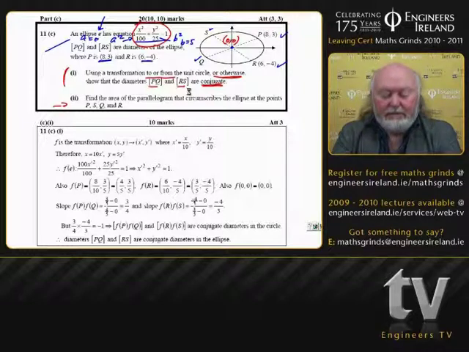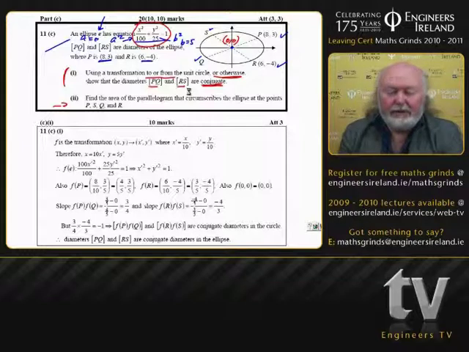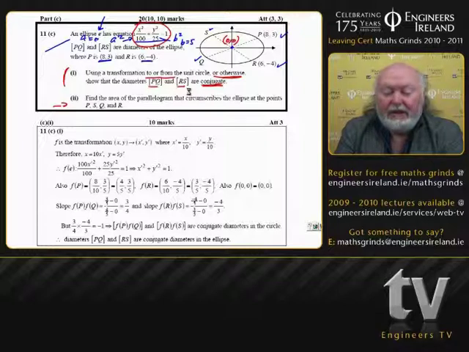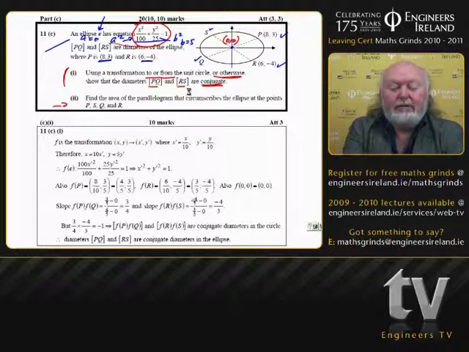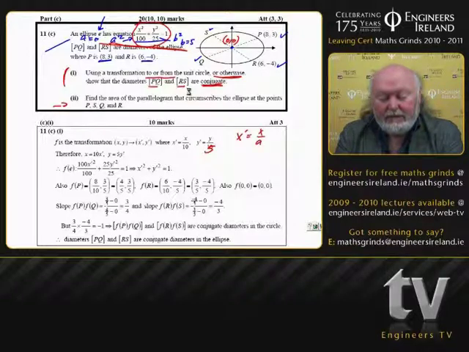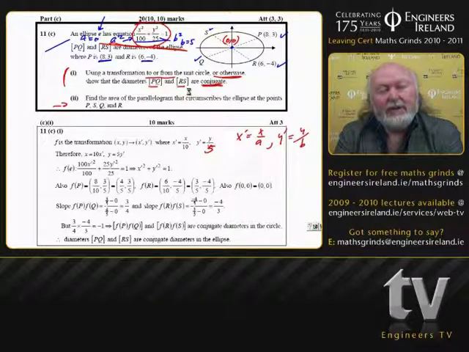F is the transformation. What you're going to find out now is how you actually transform things from, let's say, the ellipse world across to the circle world. You noticed we worked out that a was 10 and b was 5 up here just while we were talking. So that should be a 5 here. There's a little typo here. What you will find is that x dashed is equal to x over a and y dashed is equal to y over b.